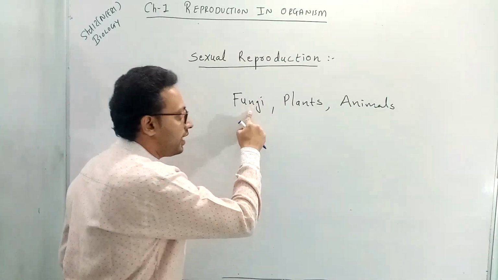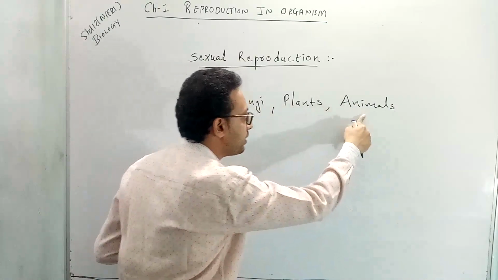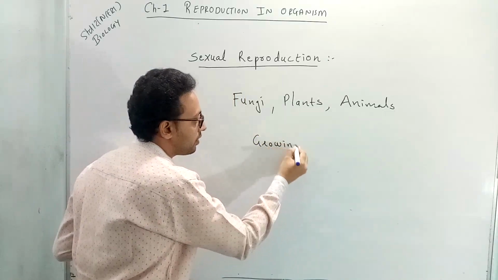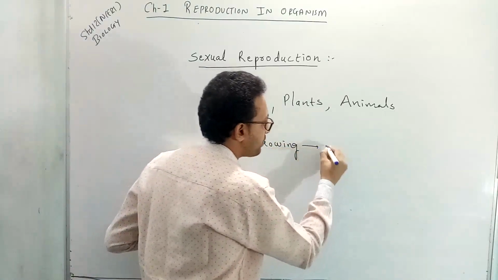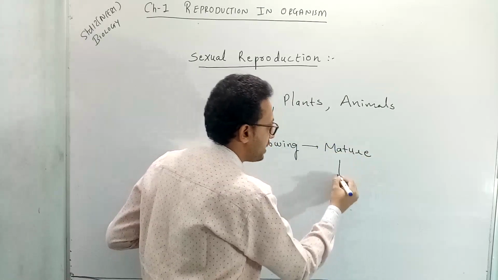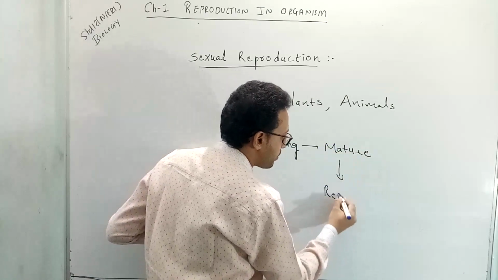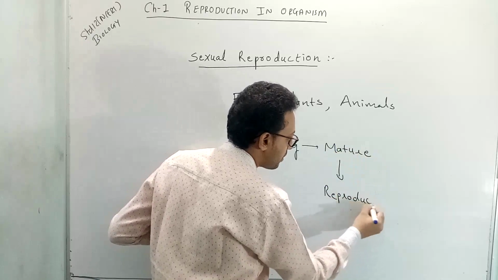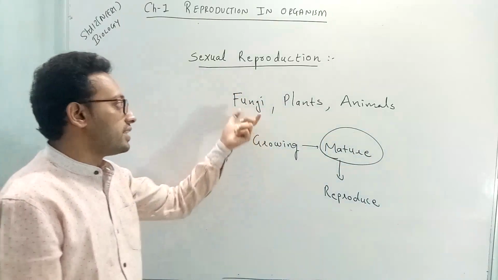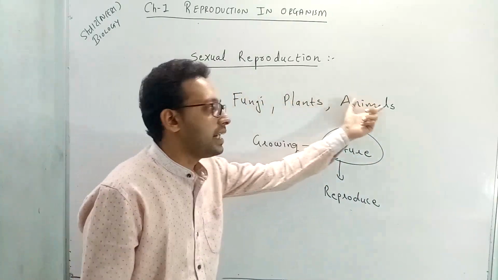Whether it's a fungus, plant or animal, they are growing. After growing, they become mature. Once they become mature, then they can reproduce. Without becoming mature, they cannot reproduce, whether it's a fungus, plant or animal.